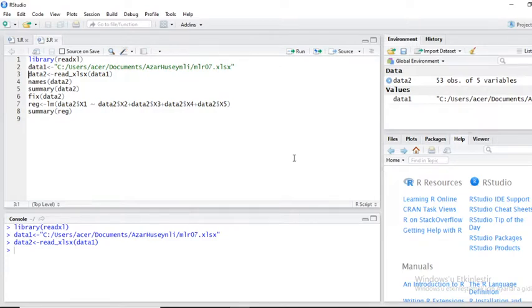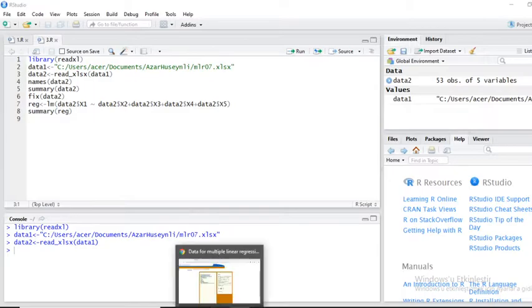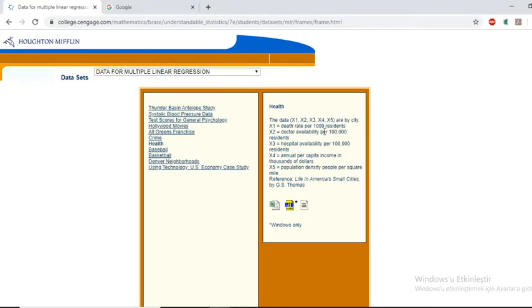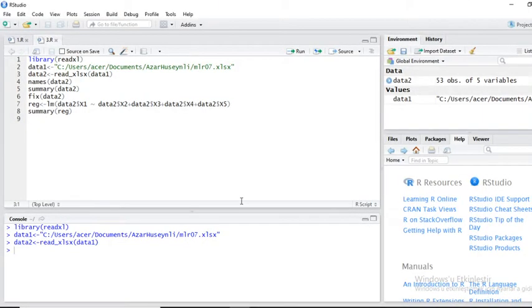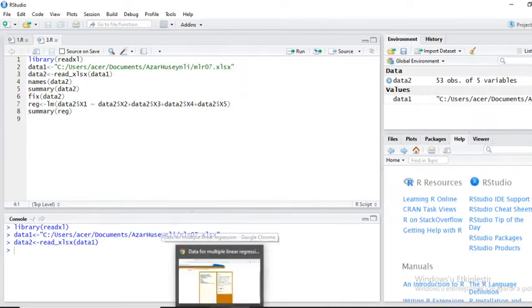And of course it's interesting to find out if there is a relation between death rate and doctor, hospital availabilities, income, and density rates per mile. Let's go over. Of course, the names do not tell anything.